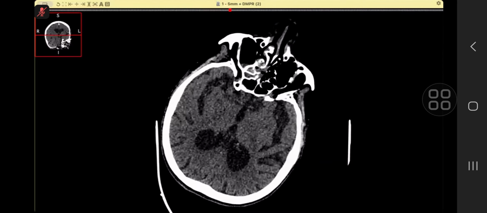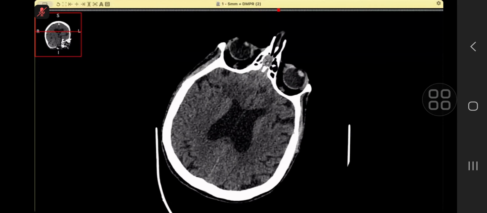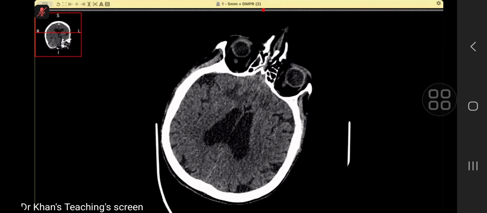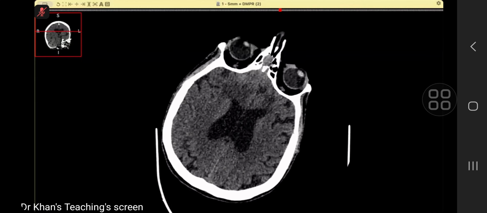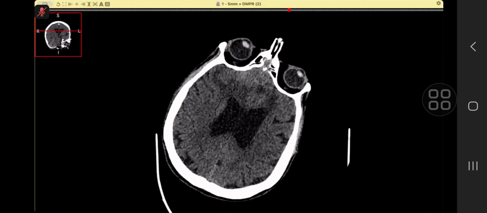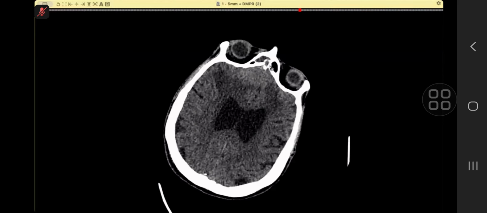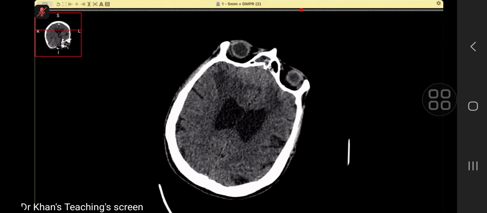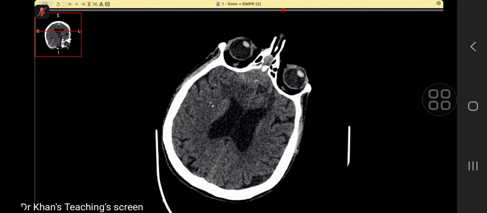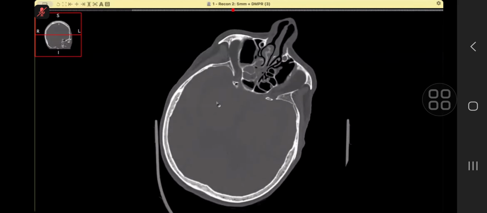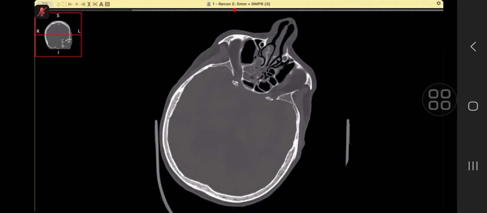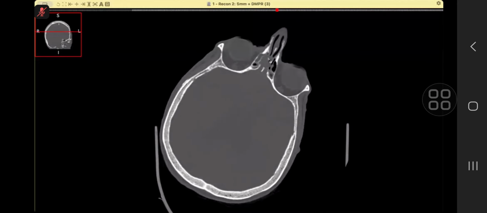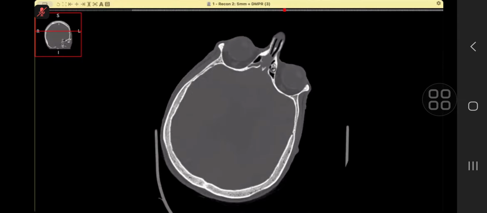Actually, a portion of it is not very clearly visualized, but as we go superiorly, we can see something happening here, and then it vanishes. So the candidate asked for a bone window, where this is the lesion. As we go superiorly, this is the lesion.